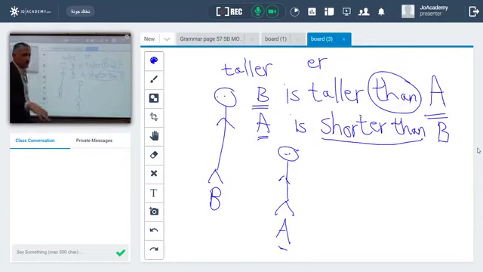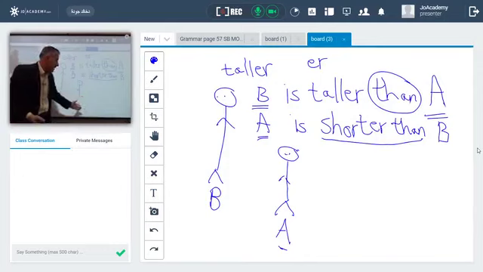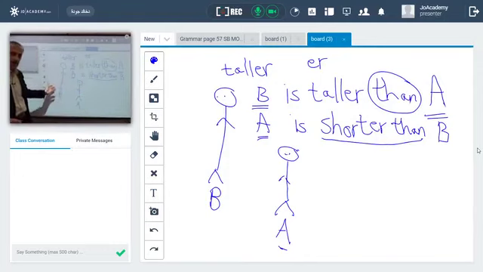He is shorter than. So we have tall, we have short. B is taller than A, and A is shorter than B.